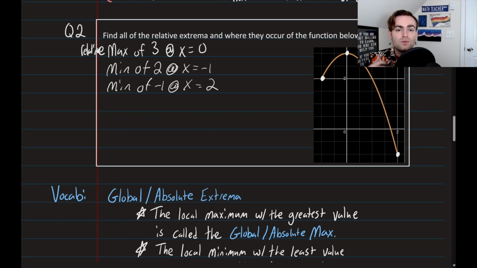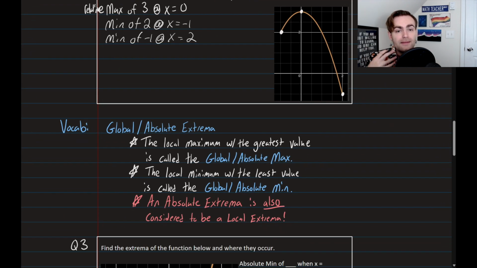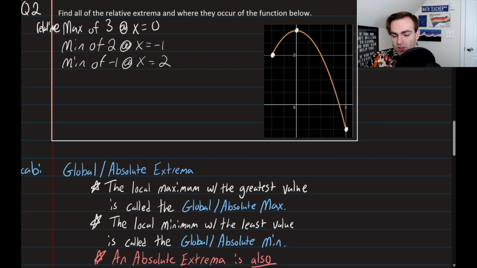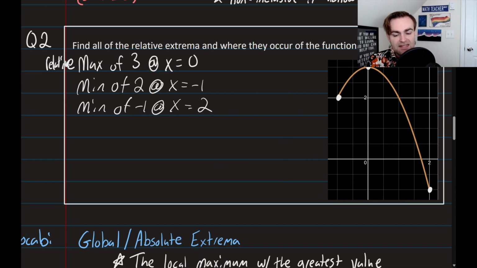Why? Because we do have something called a global or absolute extrema. So absolute extrema is when something is the absolute largest. It never goes higher or never goes lower than this value. If we look at this function back up here, we would say its absolute maximum would be 3, and its absolute minimum would be -1.